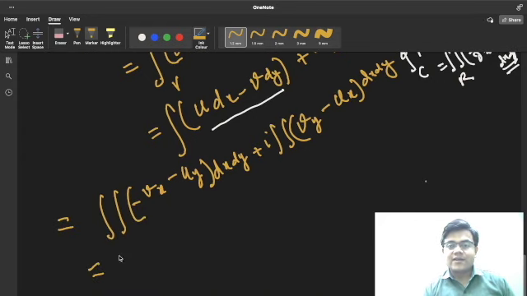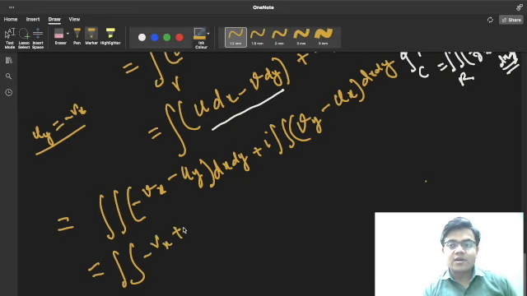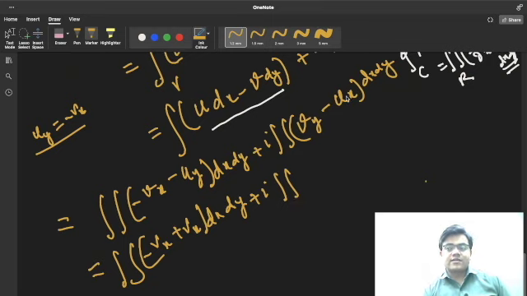Okay, you can see over the domain this is minus vx and this is minus uy, so uy is equal to, we know, minus vx. So here minus vx is already there, and minus minus becomes plus vx, dx dy, isn't it, and plus iota, once again vy minus ux.